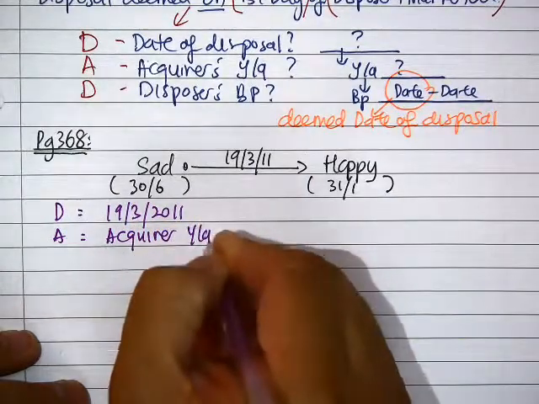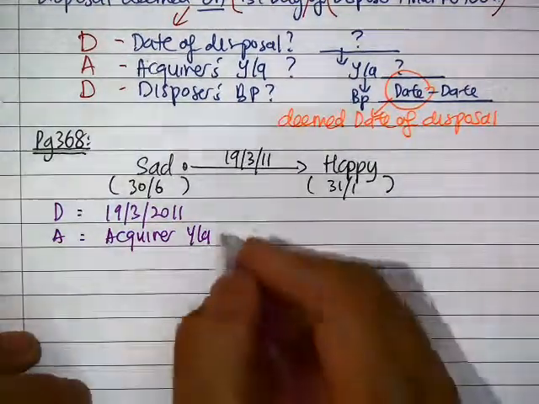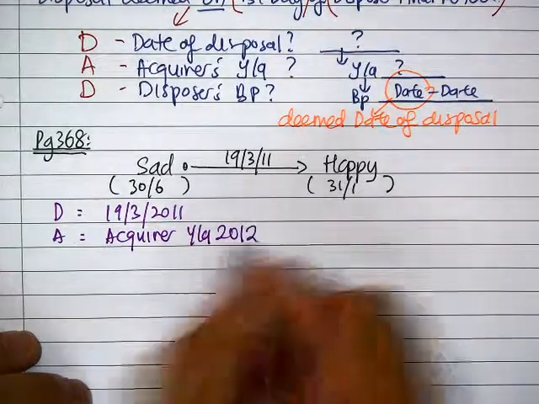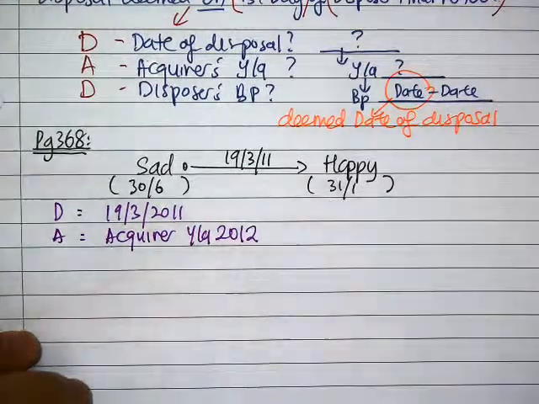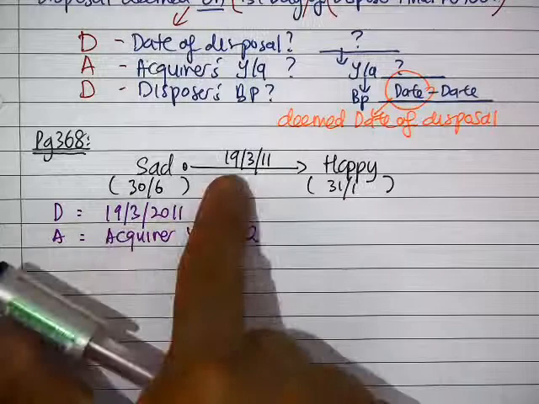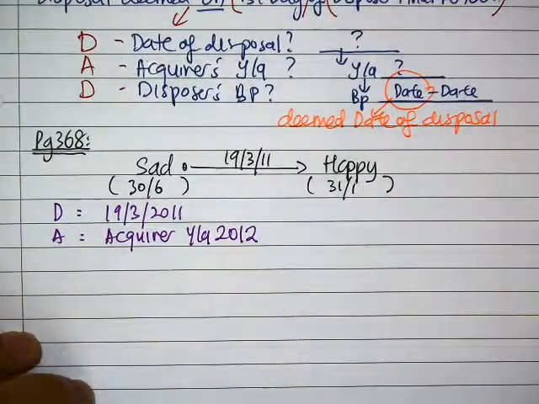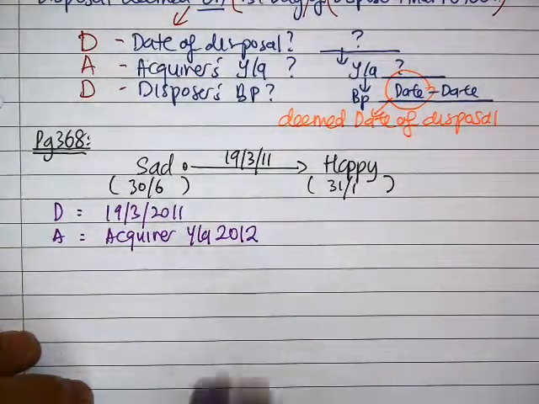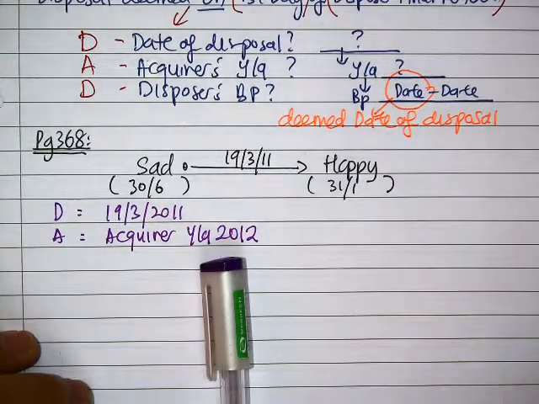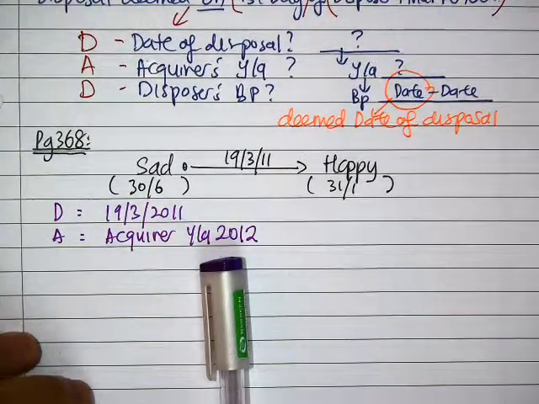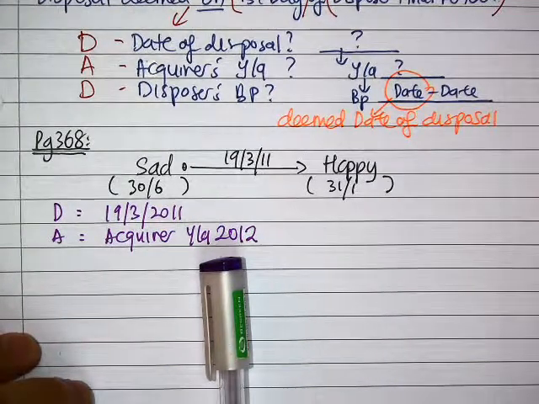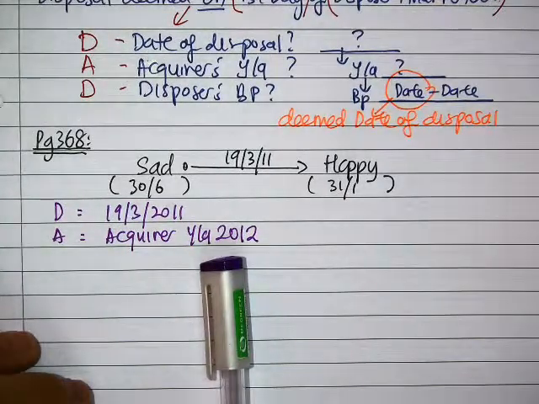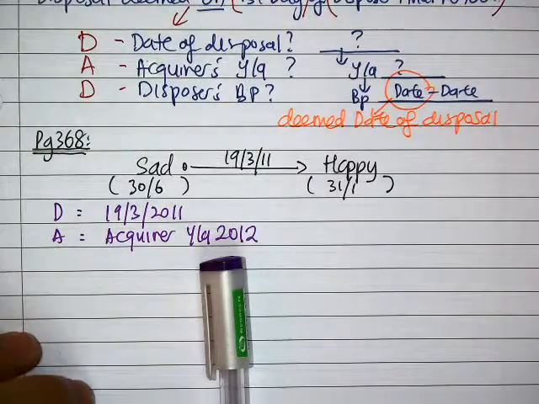Acquirer YA is 2012. Correct now? January is your year end, right? So March is 2012 already. Now logic. If 2012 you buy, seller will claim until 2011, correct? No? Seller will claim until 2011. So if you claim until 2011, what's the RE? That's the deemed disposal value. So that's how you do it.